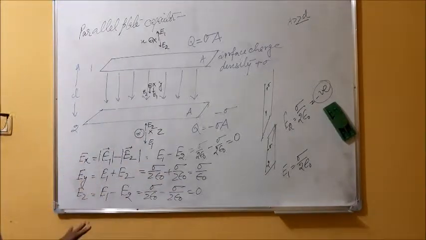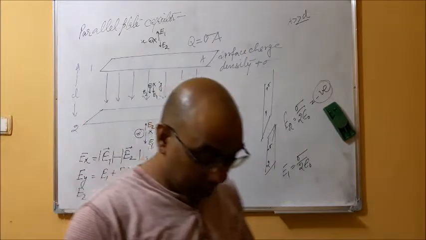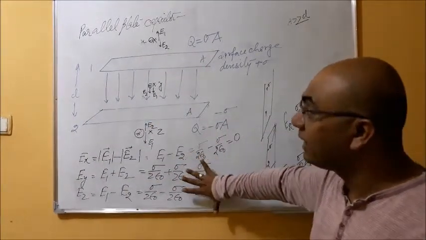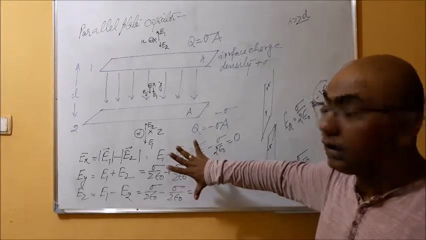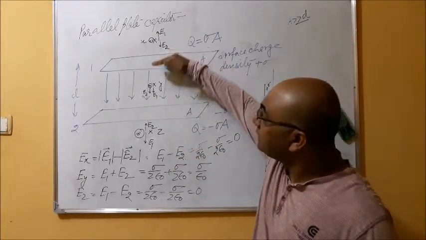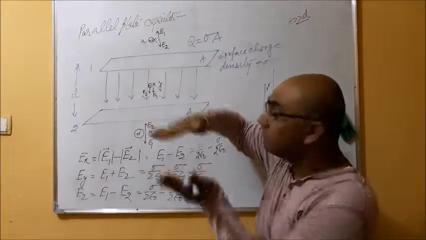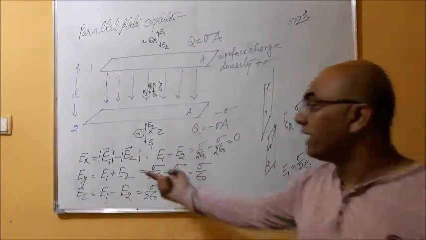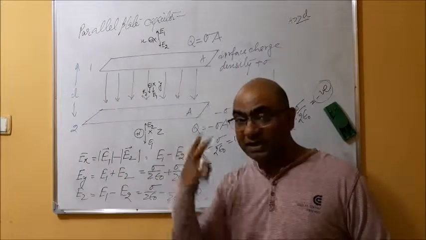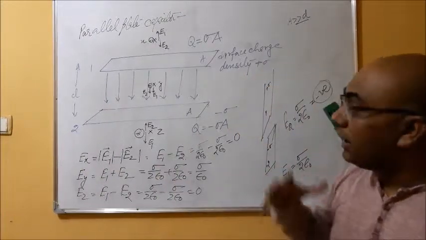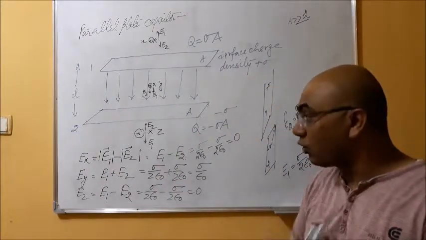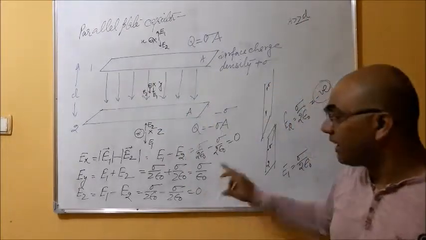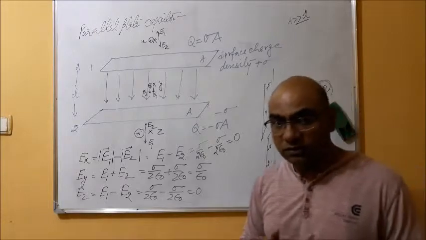So finally what do we find? If I am talking about the electric field outside of this plate system, either this side or this side, the magnitude of the electric field intensity is 0. But when we are talking about the electric field between the plates, the value is given by sigma upon epsilon naught. Right?